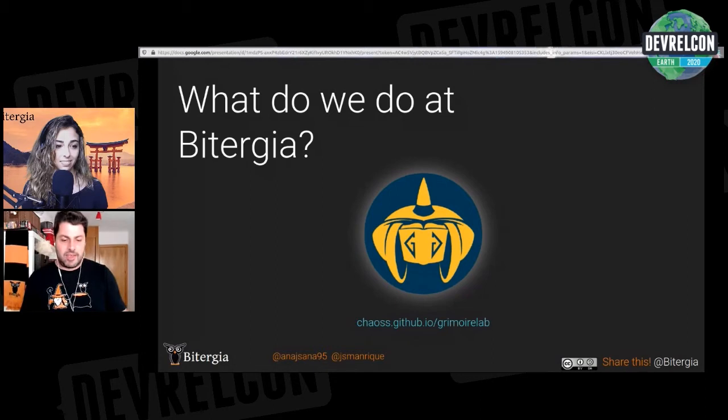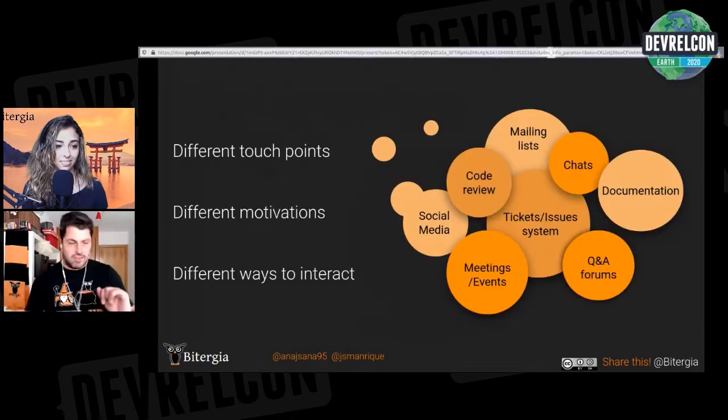And what we have identified in our experience are some key points that I think are important for anyone willing to build whatever CRM, where C stands for community. The first thing is all the different areas where community is happening, that is the different touch points. I think the next slide is a nice view of all of this. It's not only GitHub. It's not only Slack.